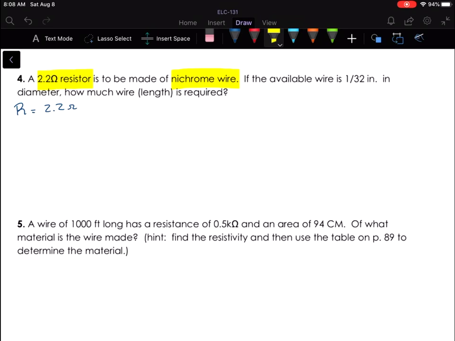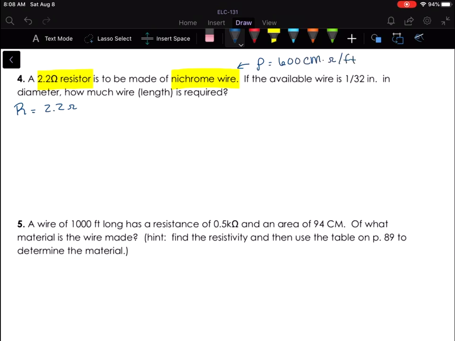And nickel chromium wire, let's see, what is the table in your book says nickel chromium wire has a resistivity of 600 circular mil ohms per foot.